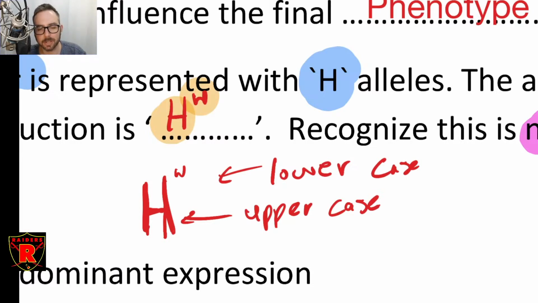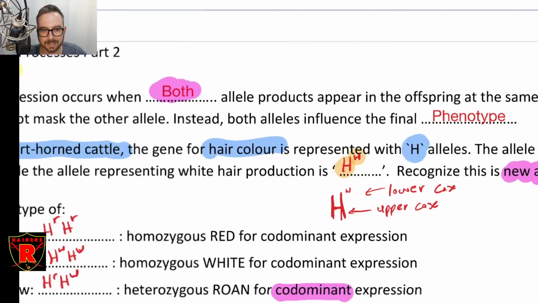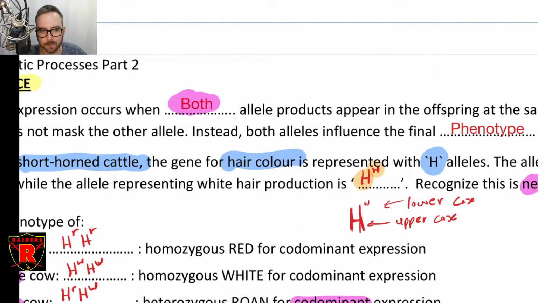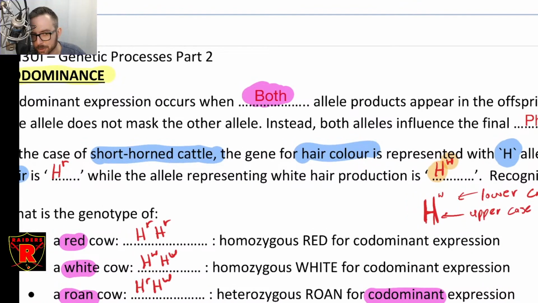But it's a lowercase superscript for codominance. Okay, for incomplete dominance, they are both uppercase, and for codominance, the superscript is lowercase. All right? That's how you recognize them from the script, but keep in mind that the textbook completely ignores this, which is infuriating, but the textbook is what it is. So it doesn't actually follow that, although this is a known notation.